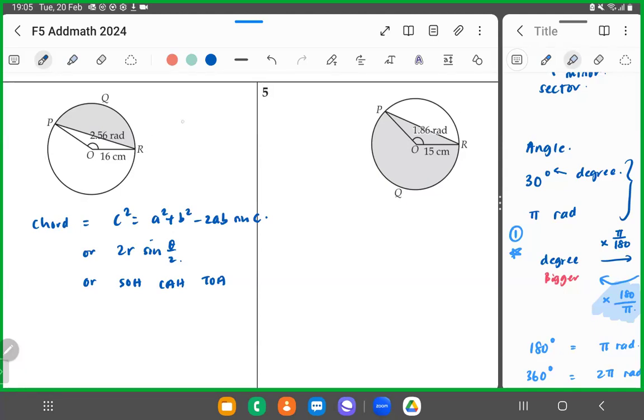And then for the perimeter, the S equals r theta. These two formulas. Okay, try.